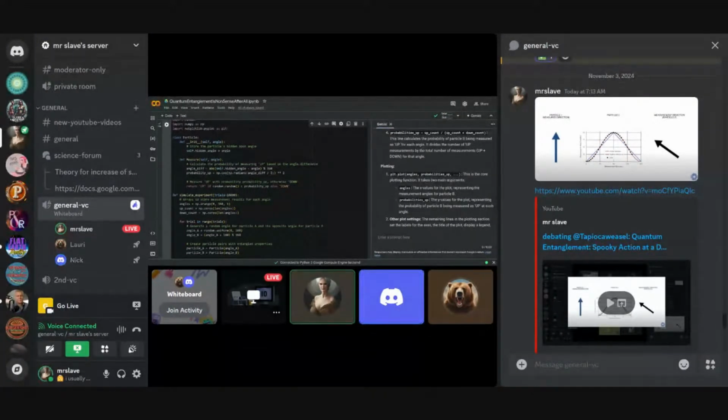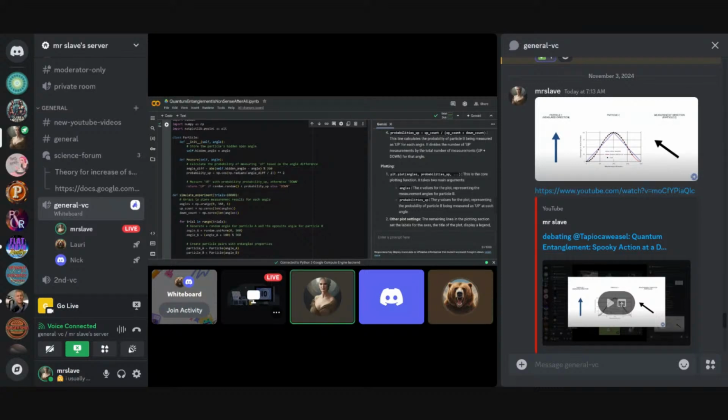I'm going to first create them so that one is going to get a random spin in a certain angle, and I'm going to hide that variable inside particle A, and I'm never going to know what that variable is. It's going to be a hidden variable. And I'm going to take the opposite of that variable and hide it inside particle B. That's it. Two hidden variables.